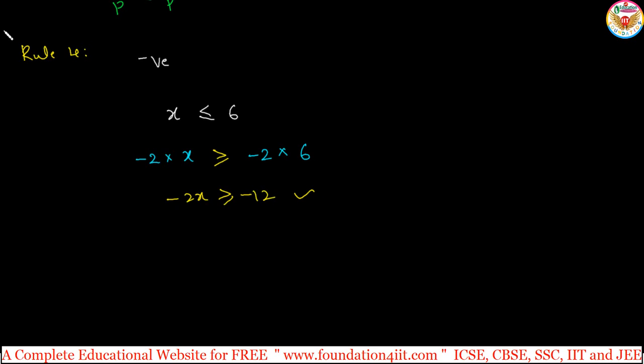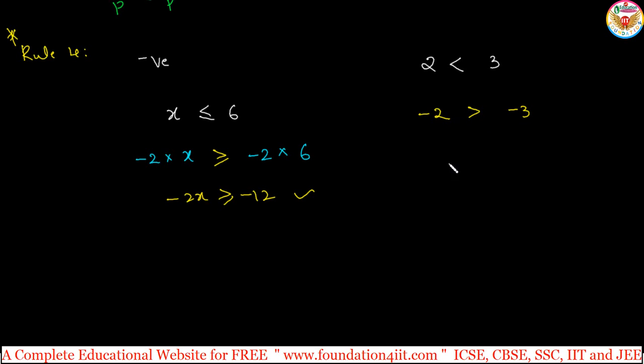This is very important. When you multiply or divide both sides by a negative number, the inequality sign should be changed. See the reason. We know 2 is less than 3. If I multiply both sides by minus 1, this becomes minus 2 and minus 3. So 2 is less than 3, but minus 2 is greater than minus 3.